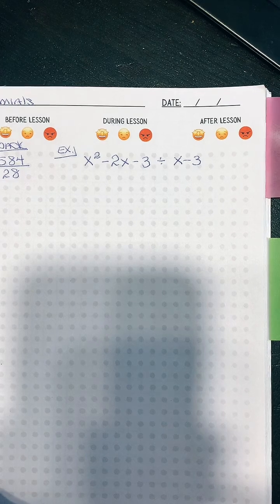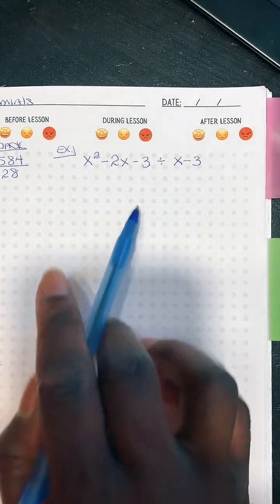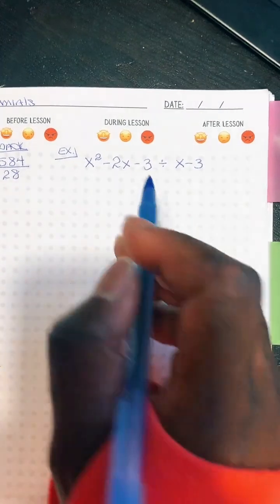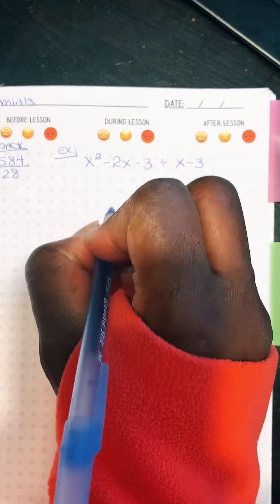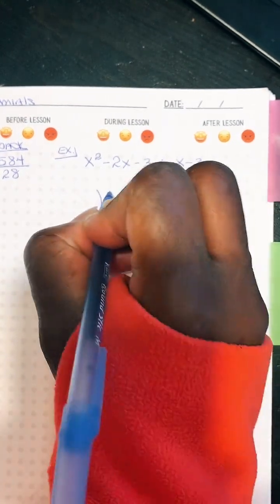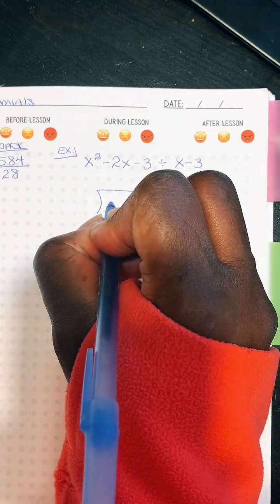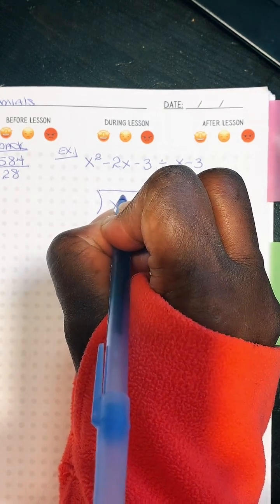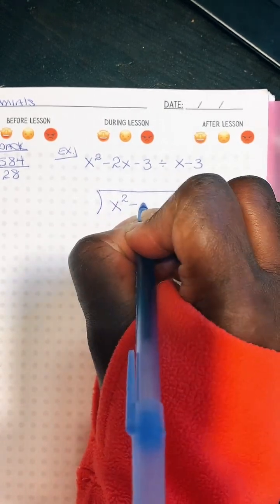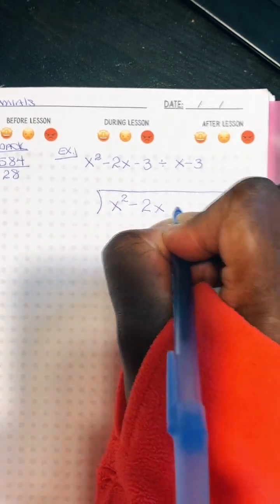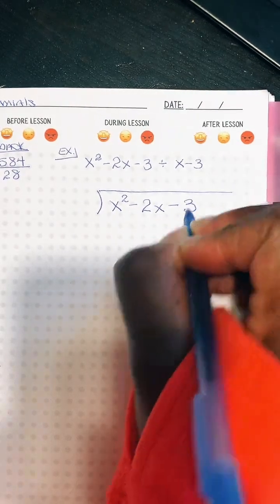All right, so let's start off. So this is my dividend. I'm doing long division, so here is my division sign. My dividend, which goes underneath, is x squared minus 2x minus 3.